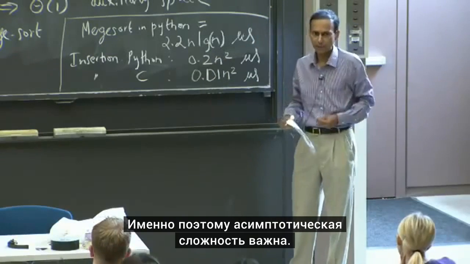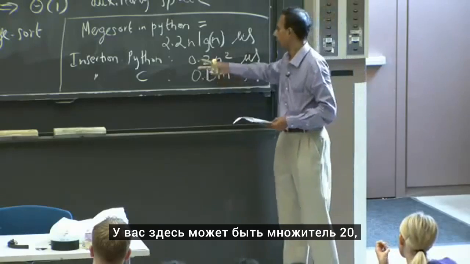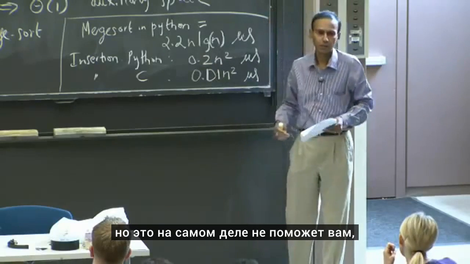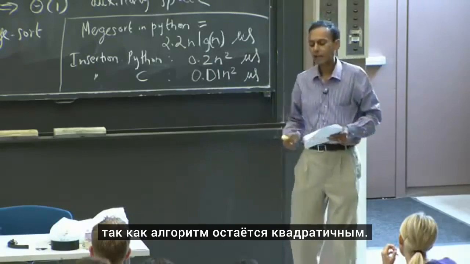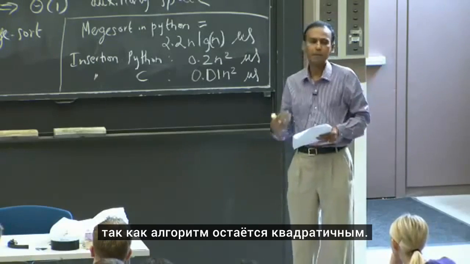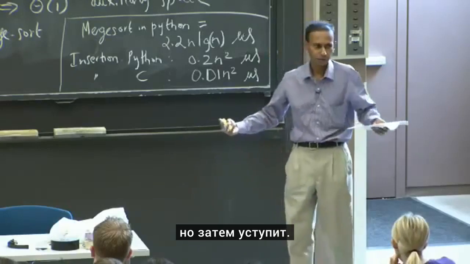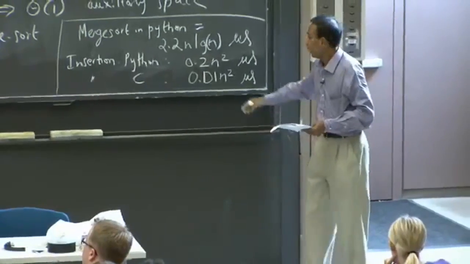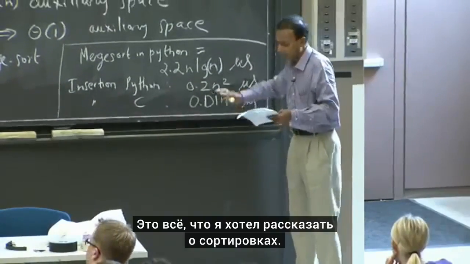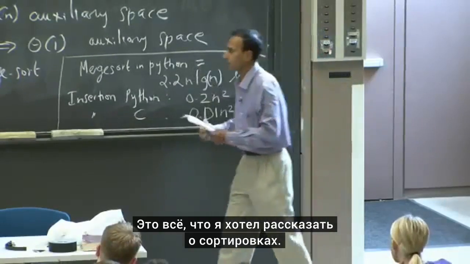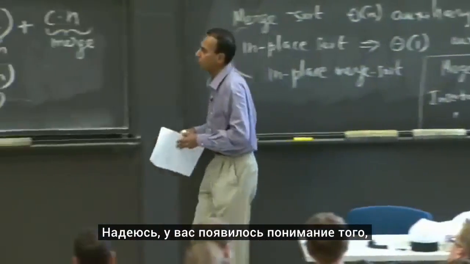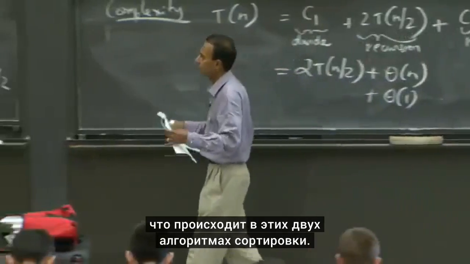So that's why asymptotic complexity is important. You do have a factor of 20 here, but that doesn't really help you in terms of keeping an n-squared algorithm competitive. It stays competitive for a little bit longer, but then falls behind. All right? OK, so that's what I wanted to cover for sorting. So hopefully you have a sense of what happens with these two sorting algorithms.